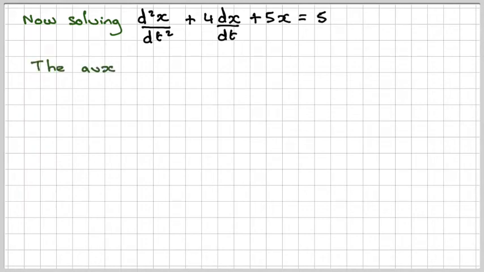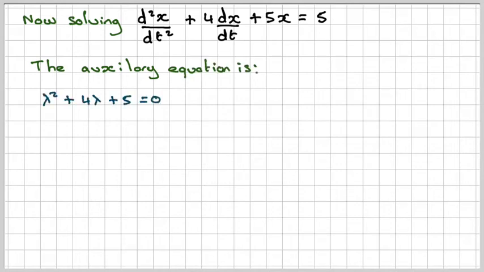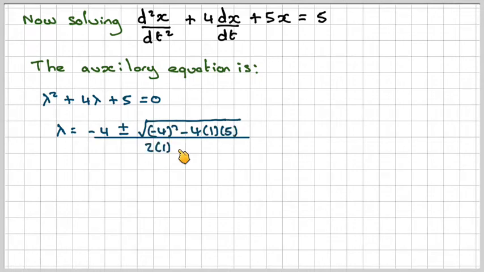Okay, so the auxiliary equation will be lambda squared plus 4 lambda plus 5 is equal to 0. So this is a quadratic equation we need to solve. Using the formula, you can complete the square as well: minus 4 plus or minus the square root of 4 squared minus 4 times 1 times 5, over 2, which is minus 4 plus or minus the square root of 16 minus 20, over 2.